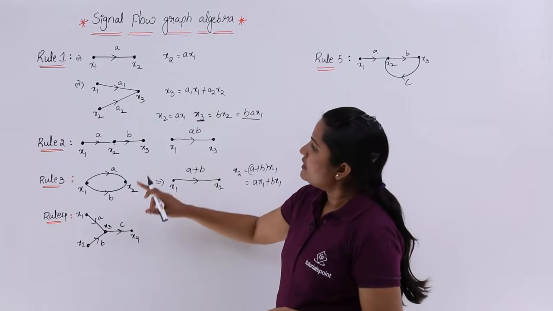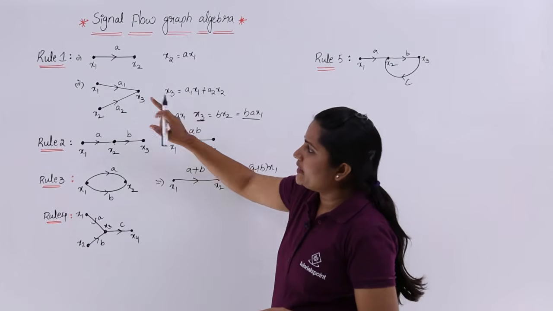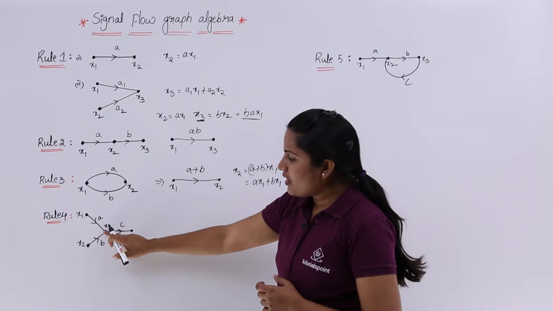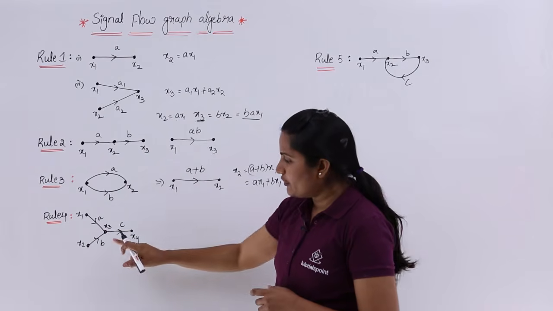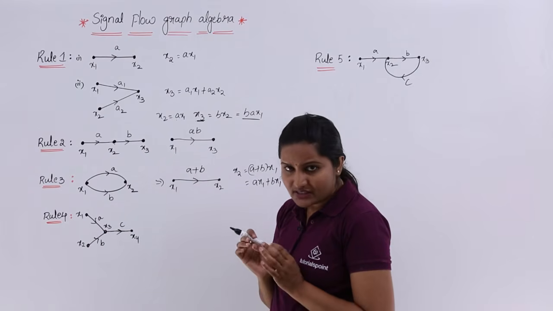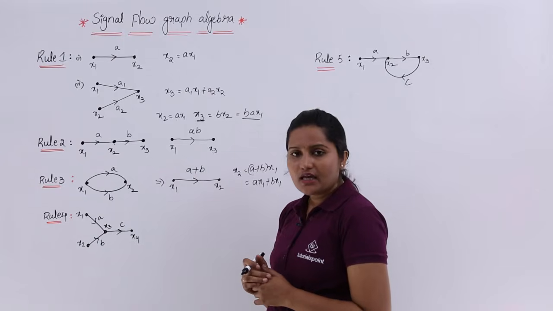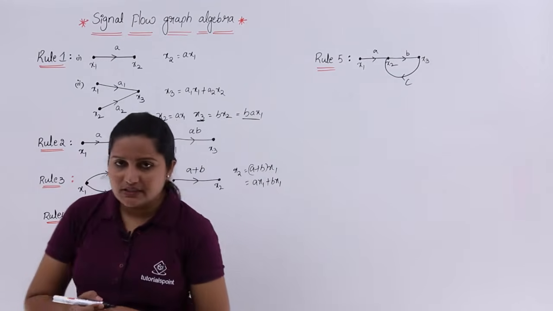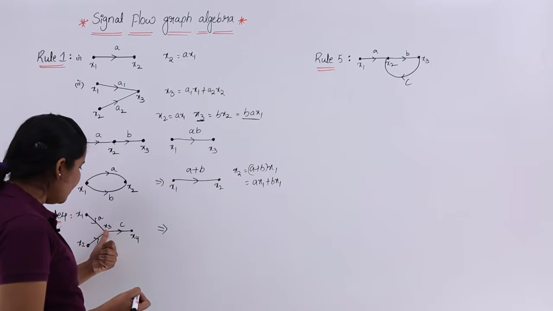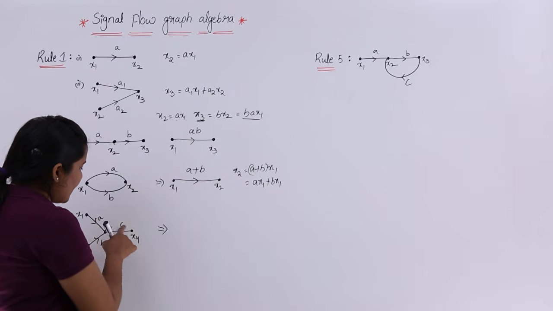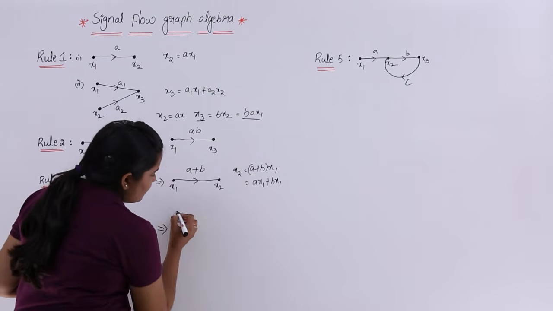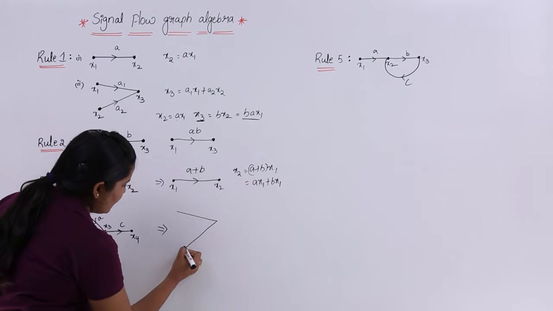Here I am taking out this x3 node. If your signal flow graph is like this, we can make it like this also. That means we can take out this x3 and directly multiply these gains and connect these nodes like this.